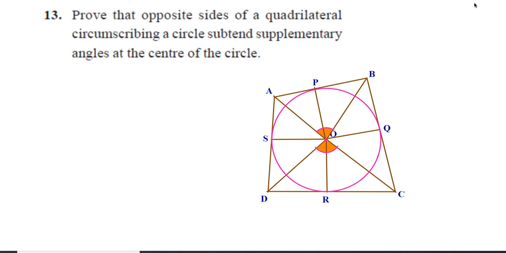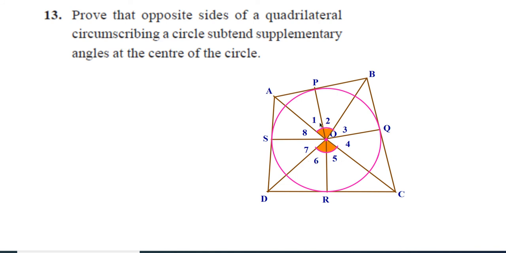Now number all these angles as 1, 2, 3 etc. Now you have to prove angle 1 plus angle 2 is equal to angle 5 plus angle 6 instead of AOB plus DOC. That is, you have to prove angle 1 plus angle 2 plus angle 5 plus angle 6 is equal to 180 degrees.